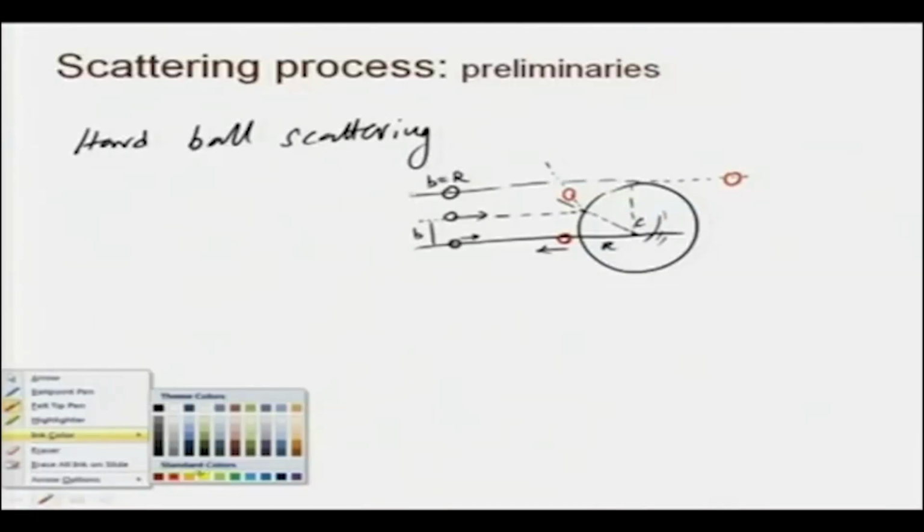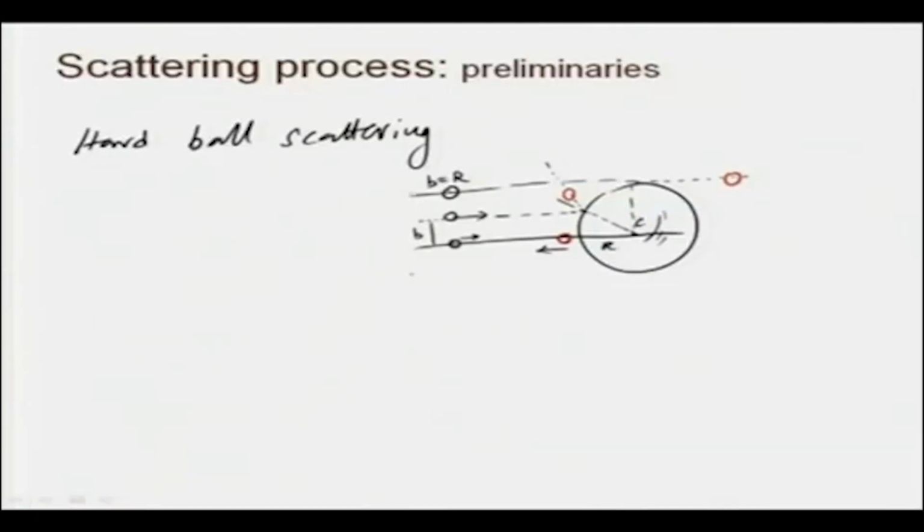Now, let us say we send a beam of these beads, a lot of them, in a particular constant direction. All of them are going in the same direction with the same momentum, or slightly different momenta, but let us consider it to be the same momentum.